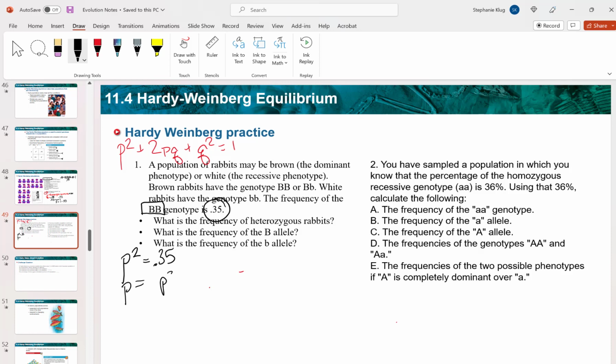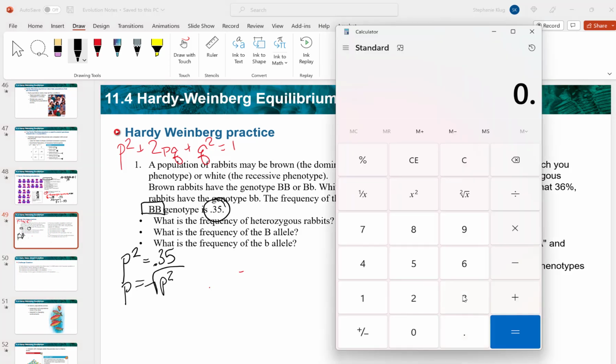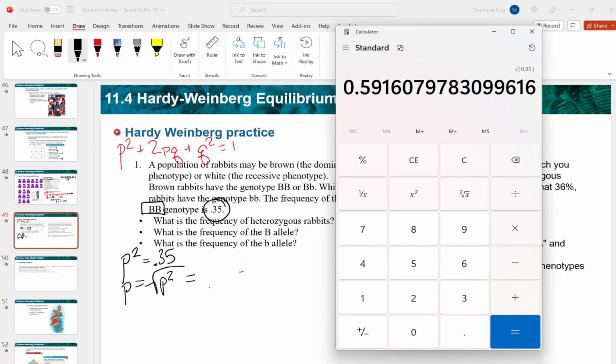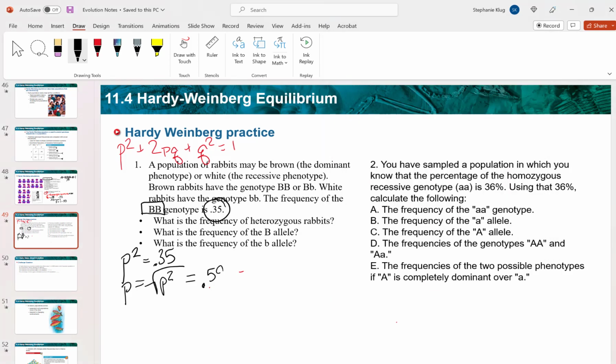P is the square root of P squared. So we just discovered P squared is 0.35, and we take that square root. It's 0.59. All right, so now we have P, and then we're going to do the next step, which is P plus Q equals 1.